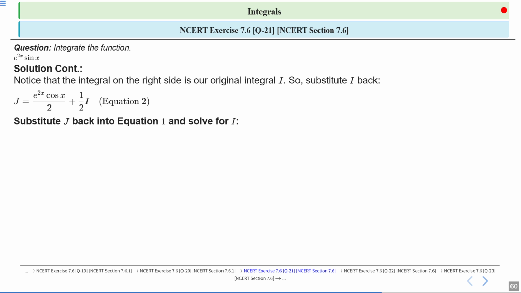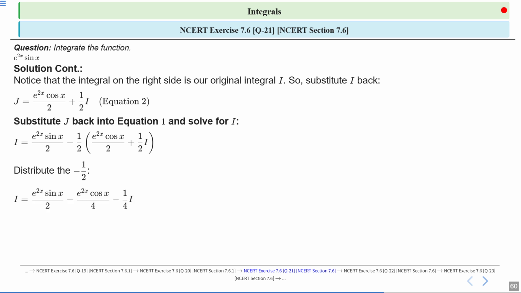So substitute back the value of J into equation 1 to solve for I. So I is equal to e^2x sin x by 2 minus 1 by 2 J, that is e^2x cos x by 2 plus 1 by 2 I. Now we get an equation. Distribute minus 1 by 2. We get e^2x sin x by 2 minus e^2x cos x by 4 minus 1 by 4 I.